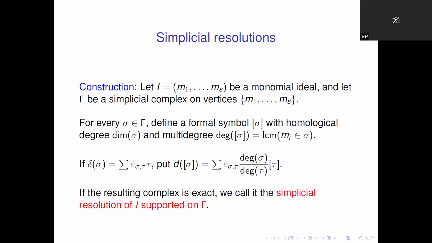And if we're lucky, if we've been living right, the resulting complex of free modules will be exact. And when that happens, we get a resolution of I. We call it a simplicial resolution that's supported on this particular simplicial complex.